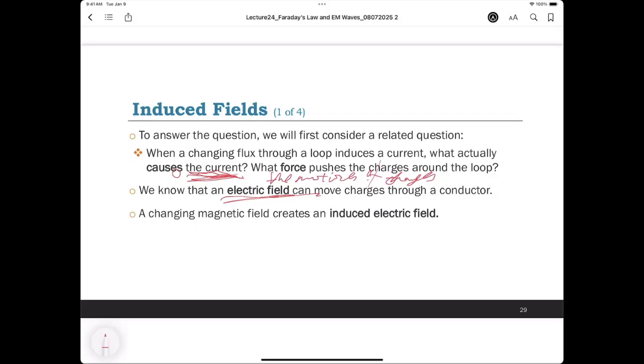A changing magnetic field not only creates an induced EMF and induced current, it also creates an induced electric field. This is the basic reason why there is an induced current: because there is an induced electric field, there is an induced current. Does it make sense to you? Okay.